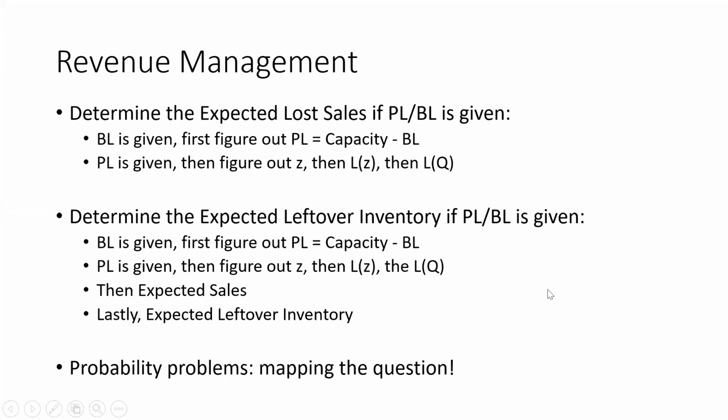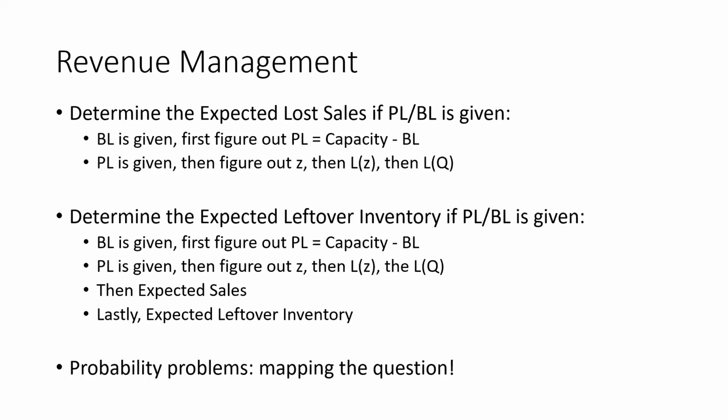Okay, the second one determines expected leftover inventory if the protection level or booking limit is given. If it gives you the protection level directly, then this time the protection level is Q. If they give you the booking limit, then you need to calculate the protection level using capacity minus booking limit.